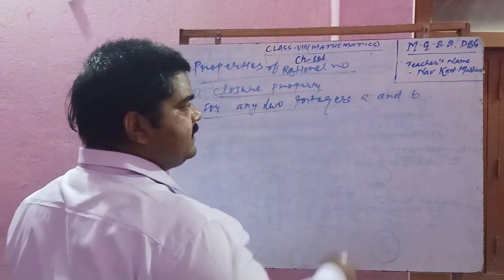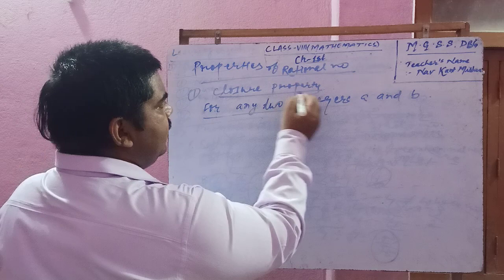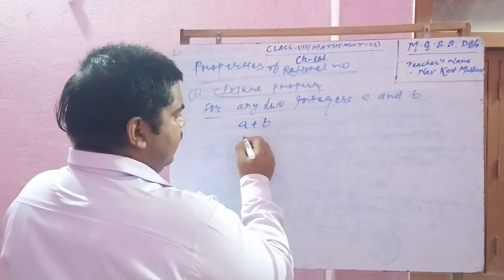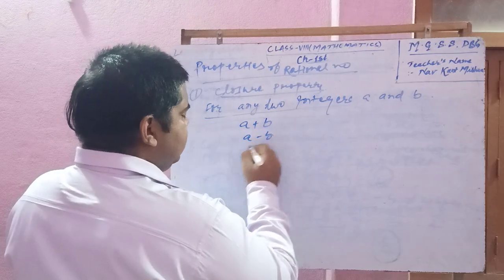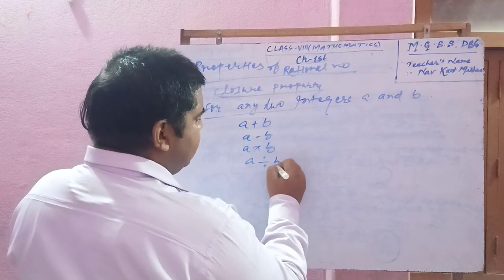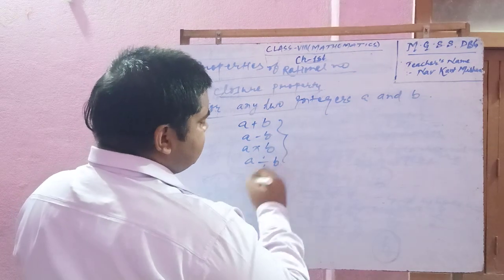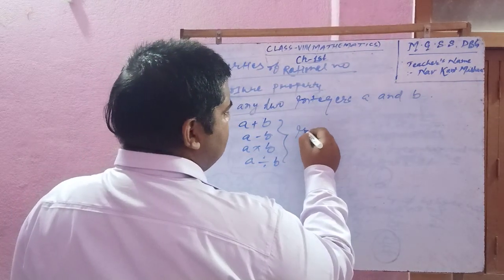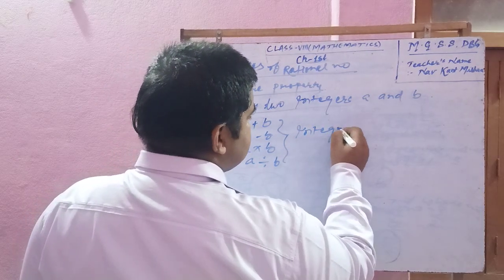For any two integers a and b, the closure property holds under a plus b, a minus b, a multiplied by b and a divided by b. In all the cases, it must be an integer.